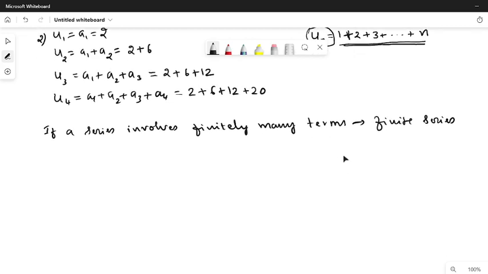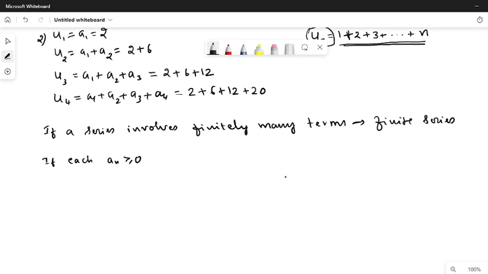Then, after the definition of finite and infinite series, we define some more simple parameters. If each a_n is greater than or equal to 0, generally, strictly speaking, we take a_n strictly greater than 0, but even if you take a_n greater than or equal to 0, you get the same thing.